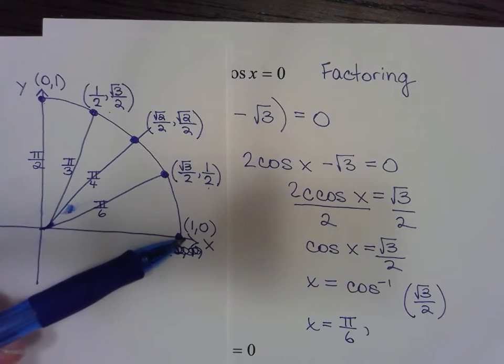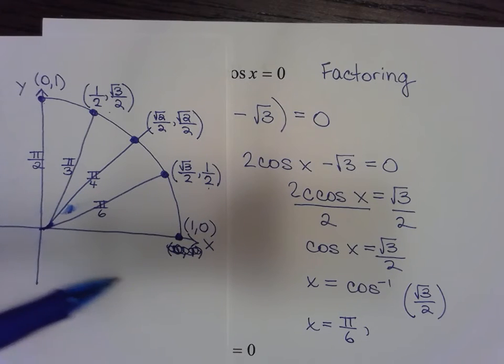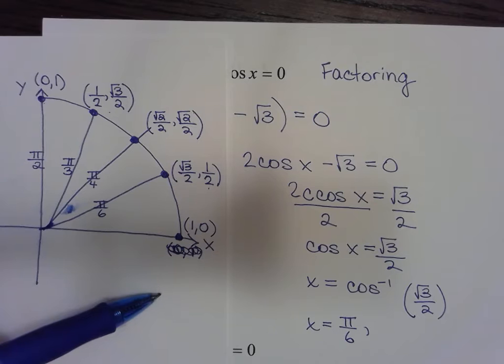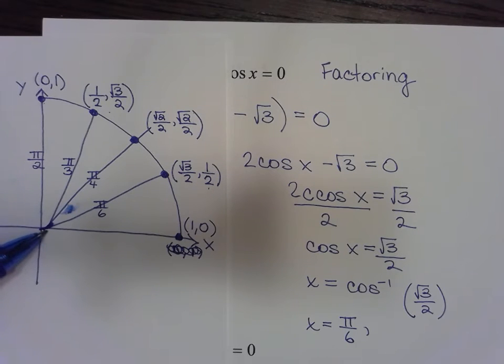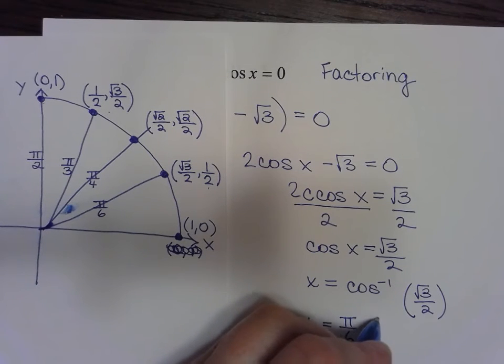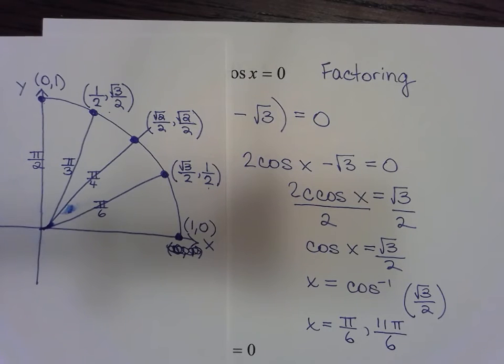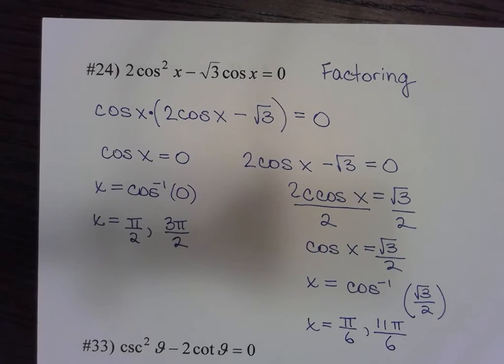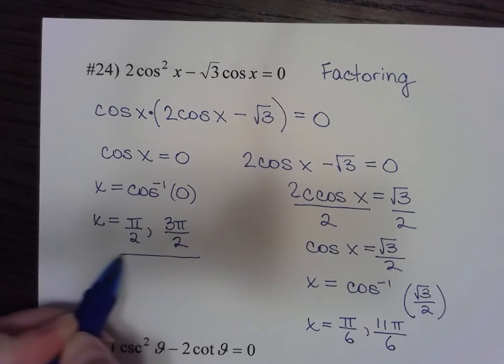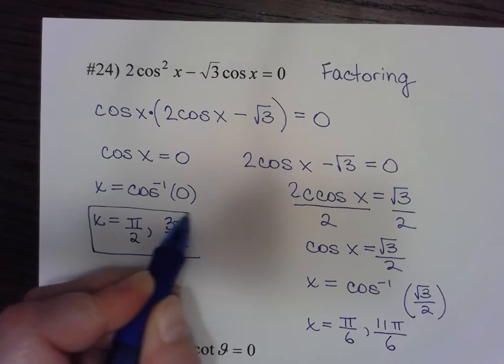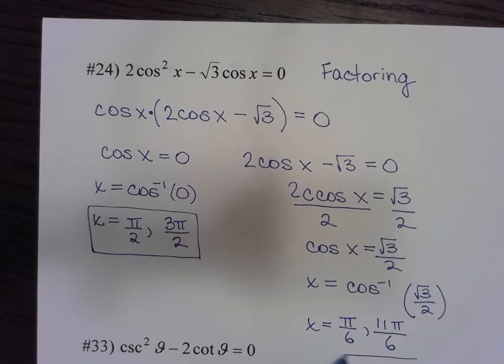Another place where it would be positive would be down here below. So negative pi over 6 would be the same as, I'm thinking, 11 pi over 6. All right, so we actually get 4 solutions, right? We get pi over 2, 3 pi over 2, and then pi over 6, and 11 pi over 6.